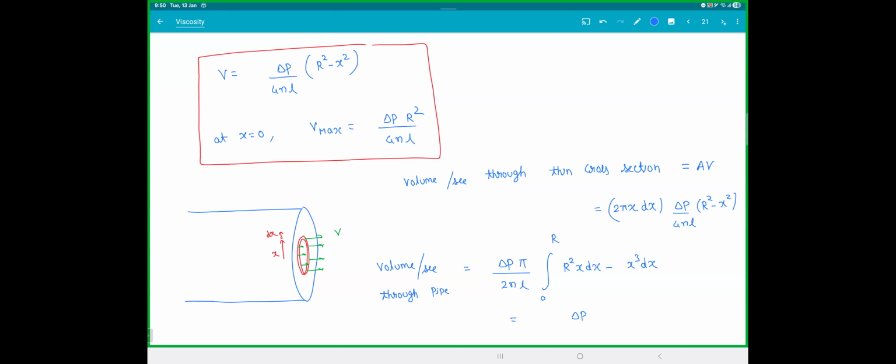You'll get delta P into pi R power 4 by 8 eta L. So that would be R square by 2, and that will be R power 4 by 4. So this much liquid flows every second. Have a look at this. I'll put this formula on the next page, and others do keep your cams on.